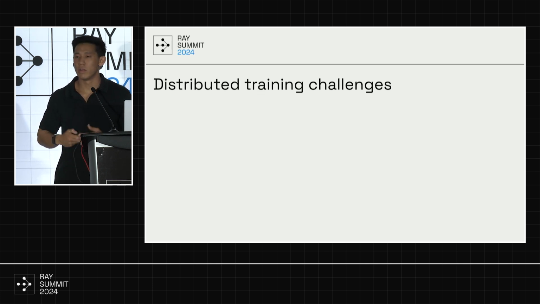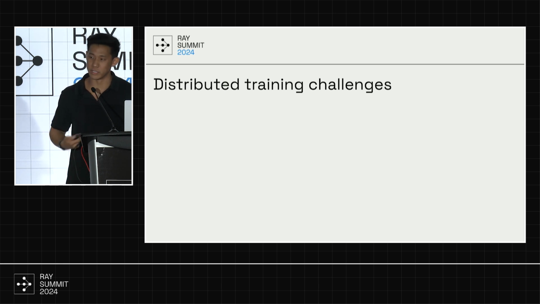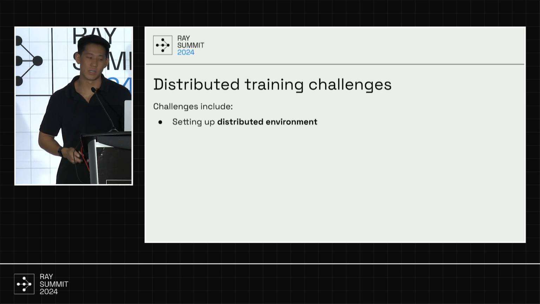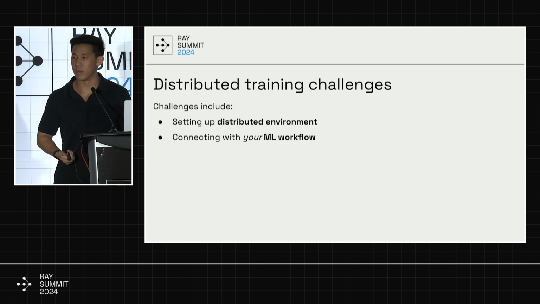So, if we need distributed training, what are the common challenges that you might run into when scaling from a single instance to multiple instances? Some of the top challenges include setting up distributed environments for your particular ML framework, but also in connecting with your specific ML workflow.